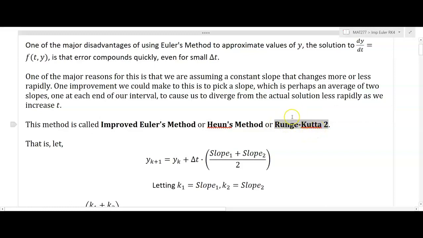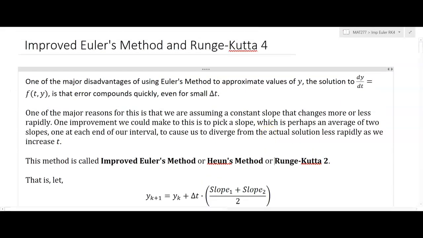Runge and Kutta were two mathematicians who came up with what we'll study soon, which is Runge-Kutta 4, sort of the default numerical method that we will use for precision. Runge-Kutta 2 is just a name for it because in a moment we'll see that it uses two slopes.